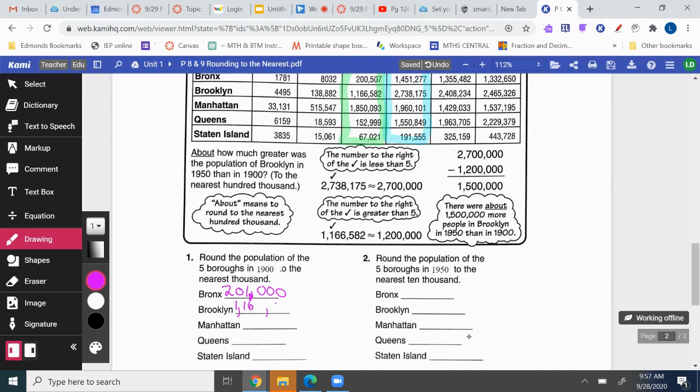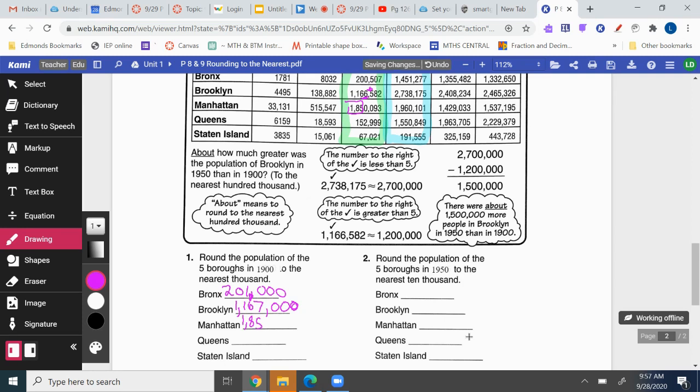So I'm going to keep everything but the last digits, and I'm going to change those to zeros. So now I'm looking at this number right here because I need to decide if I'm changing that number. This number is bigger than, it's 5 or more, so I change this to 7. I bump it up. So we go to Manhattan. I'm going to keep all these numbers. So 1,850,000.